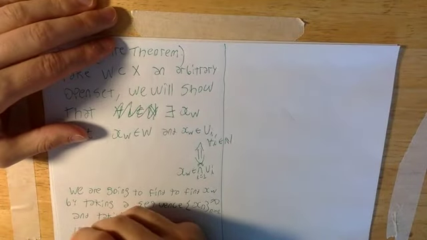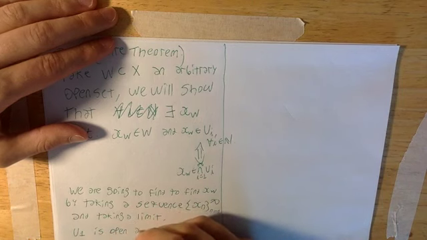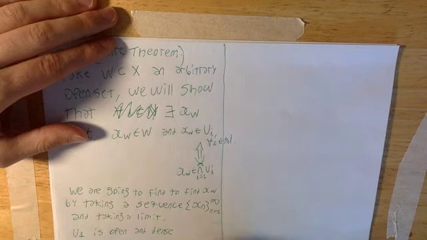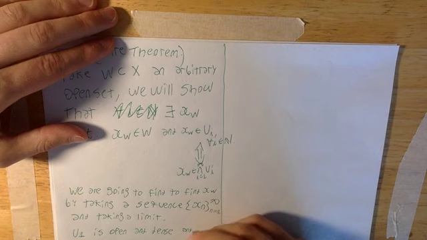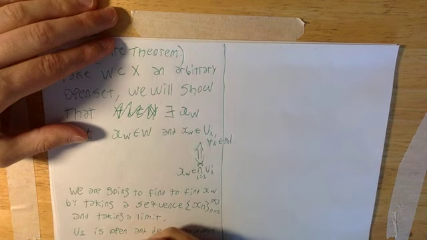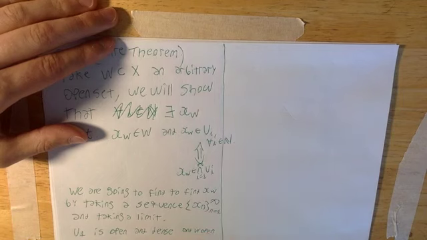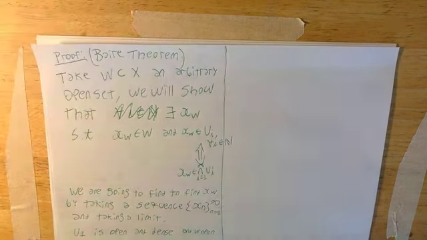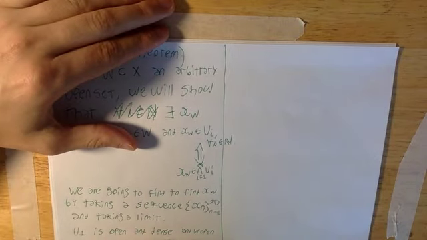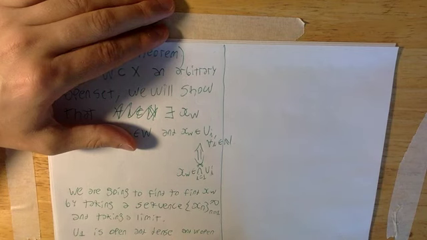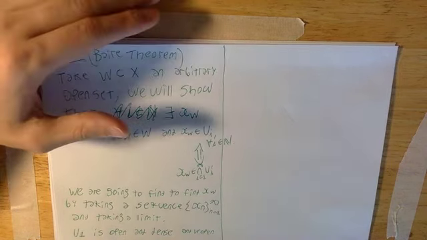So U1 is open and dense, and W open, implies that there exists an X1 in W intersection U1, and let's call it R1, which in this case we'll just ask that is less than 1, such that the ball of radius R1 centered at x1 is contained in W intersection U1.